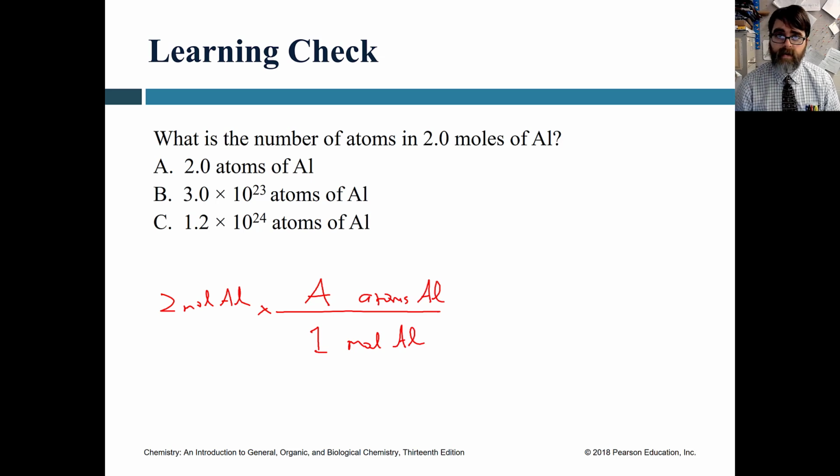Like I mentioned, I'm going to abbreviate it, and you just saw how you can store it in your calculator and use A for that, so you can even type it in there to your calculator as A. But when we do that, we're going to end up with 1.2 times 10 to the 24 atoms of aluminum, and that is C.